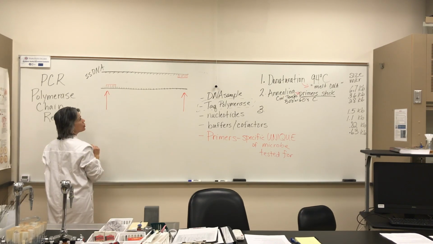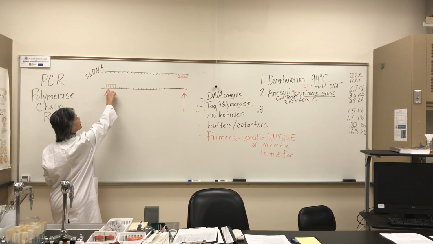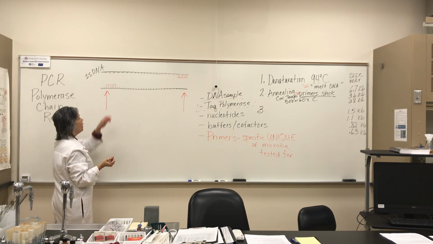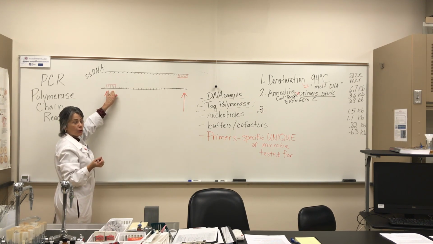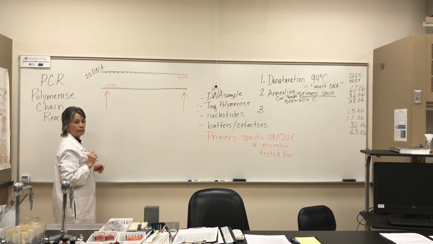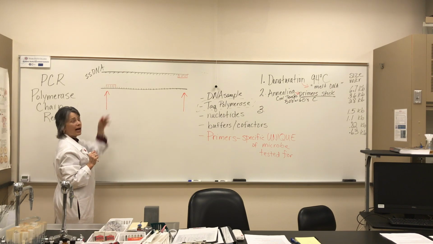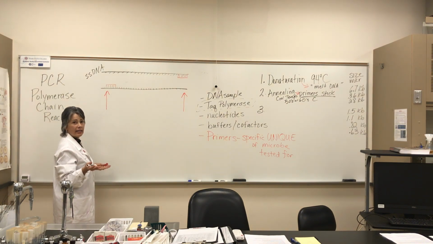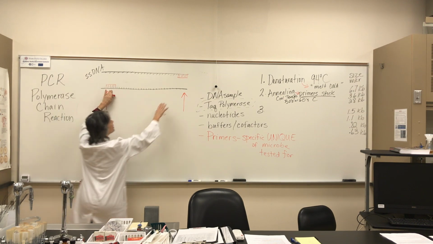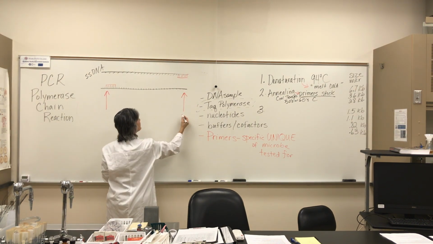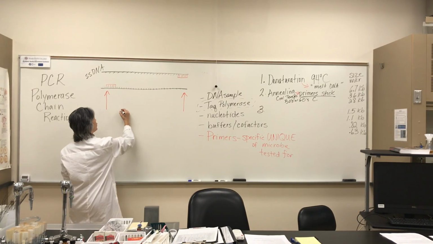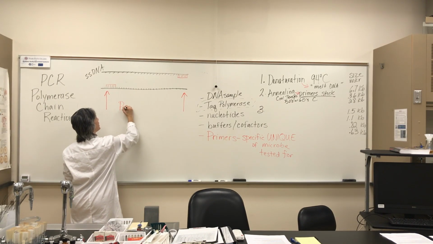It's very specific complementary base pairing, only if they bump into DNA from that E. coli bad one. If there's nothing complementary, they're not going to find anything to stick to. But if there is, they're going to stick. And where they stick, this designates the region that's going to be amplified.